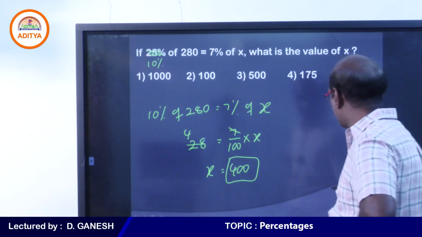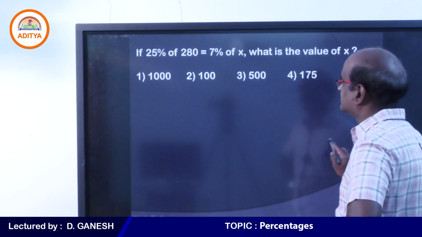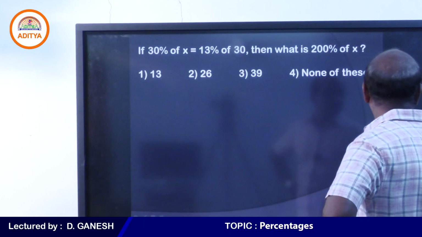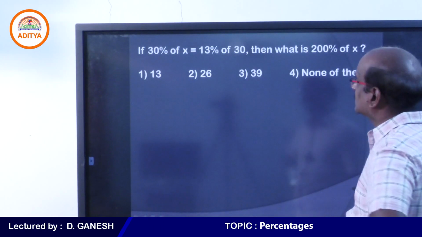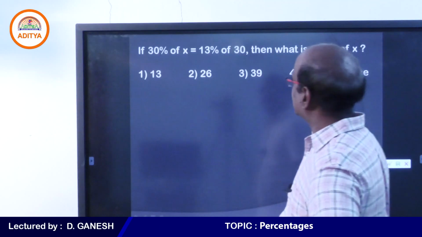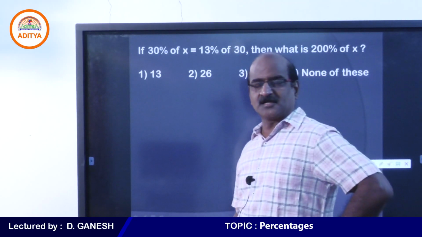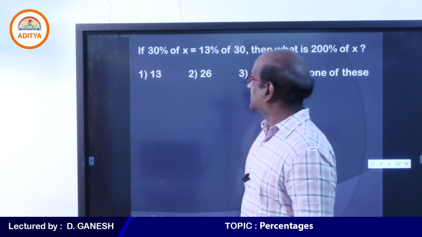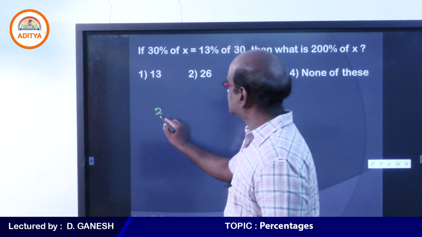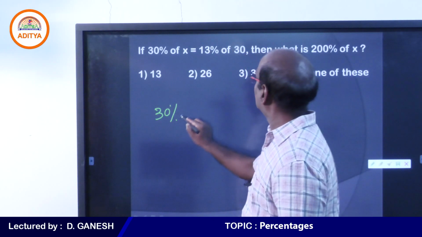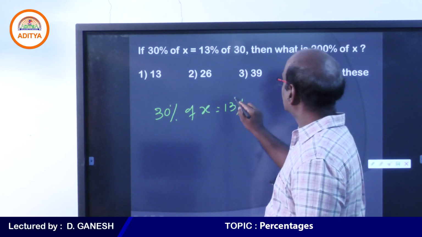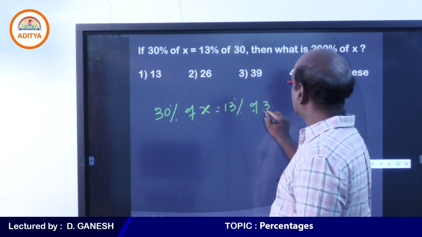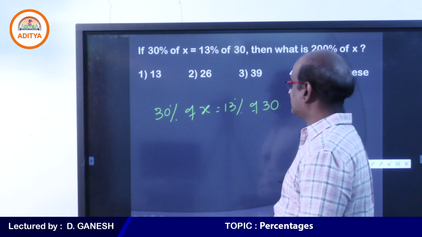Students, we can discuss some more questions of this model. Please look at this. Please answer this question. What is the value of X? I am waiting for your answer. Come on, student, make it fast. The question is something like this. 30% of X is equal to 13% of 30.